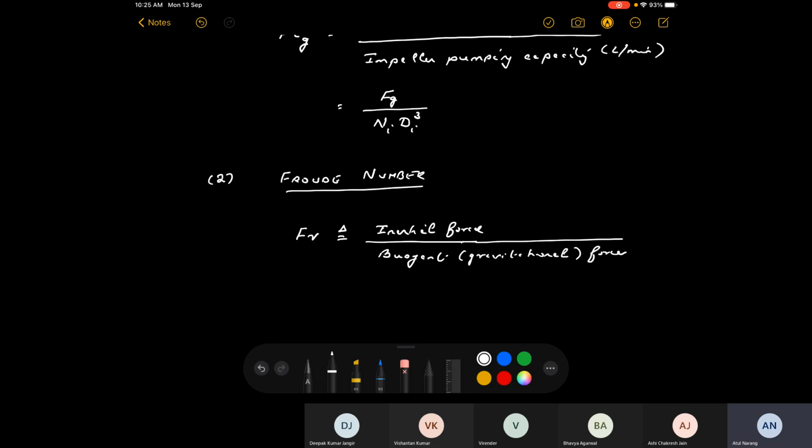One of the numbers you certainly remember is the Reynolds number. The Reynolds number, if you recall, is the ratio of the inertial force to the viscous force.